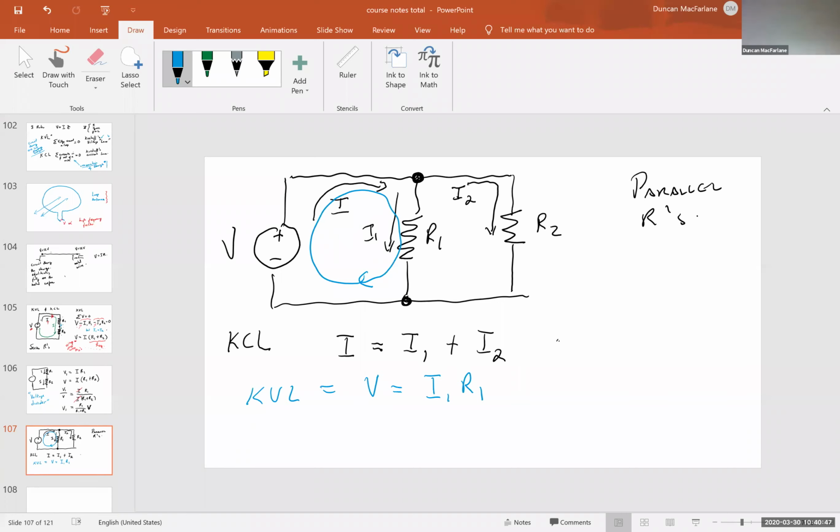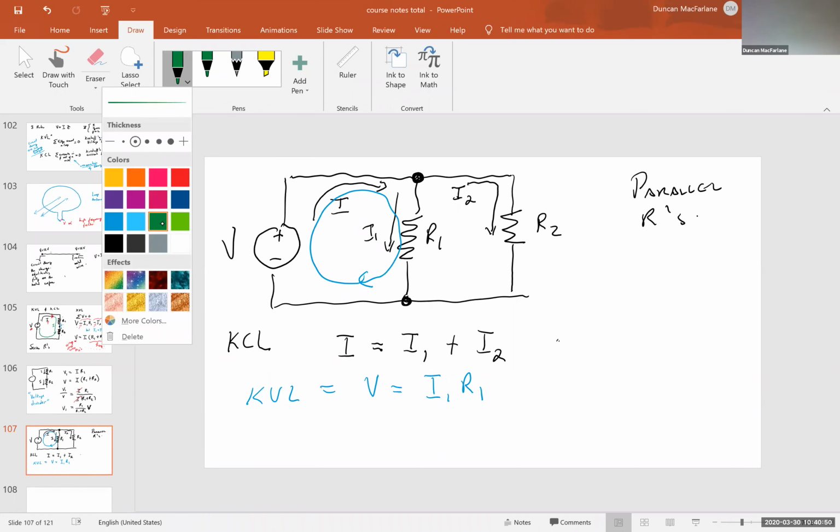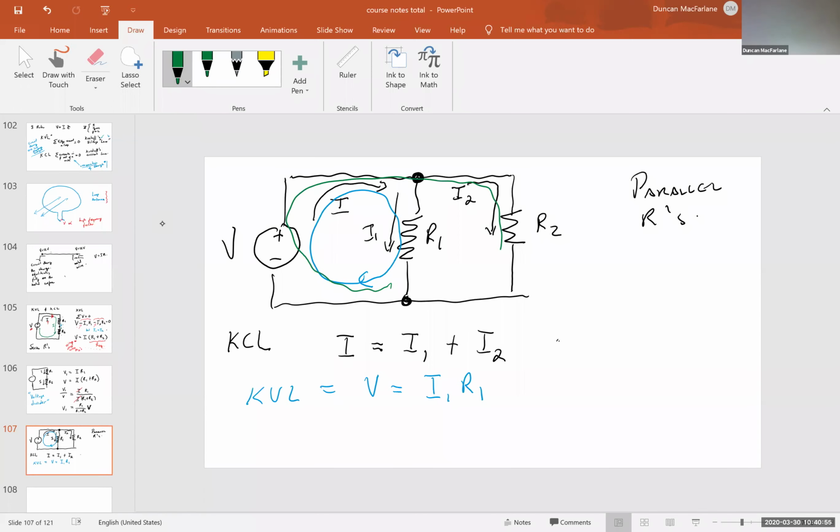And here's another loop. So I've got conservation of current. I've got two loops, V equals I1 R1 and V equals I2 R2.